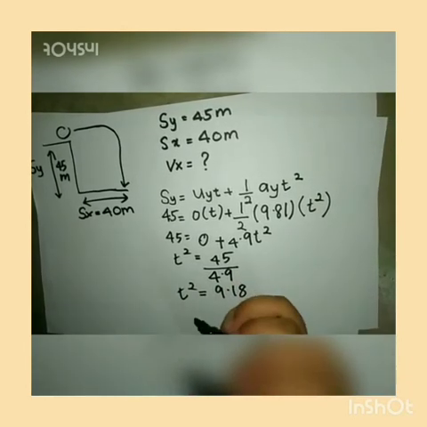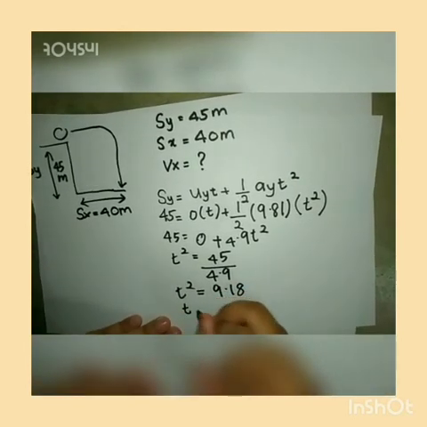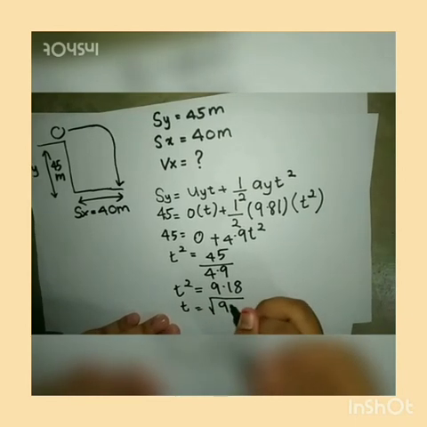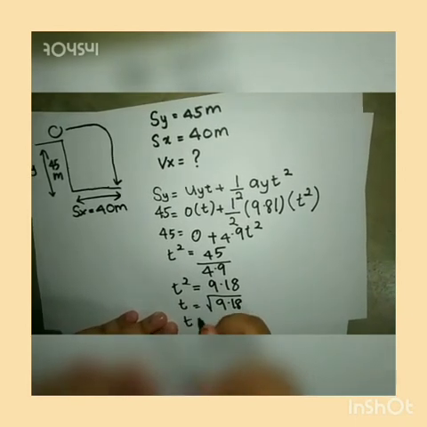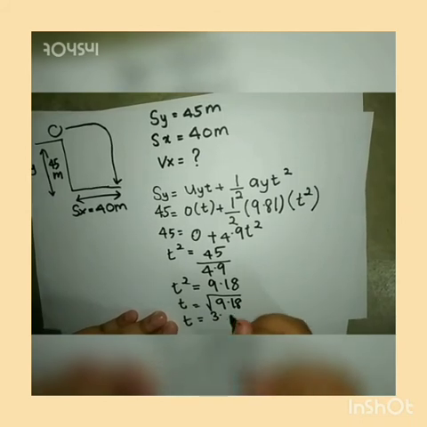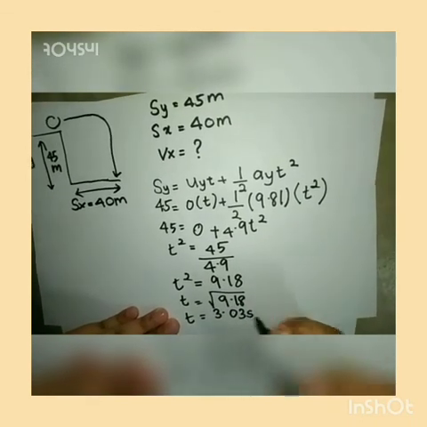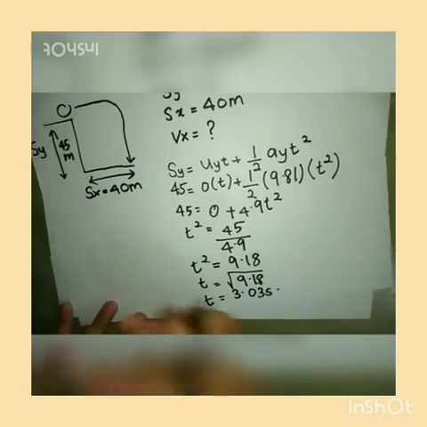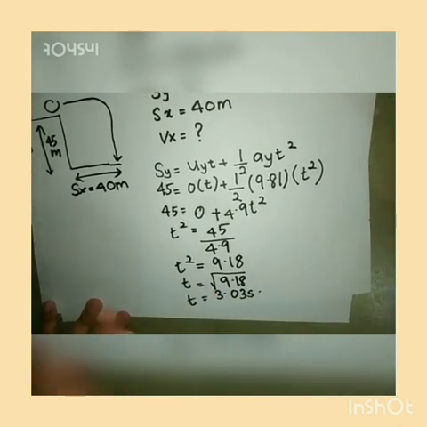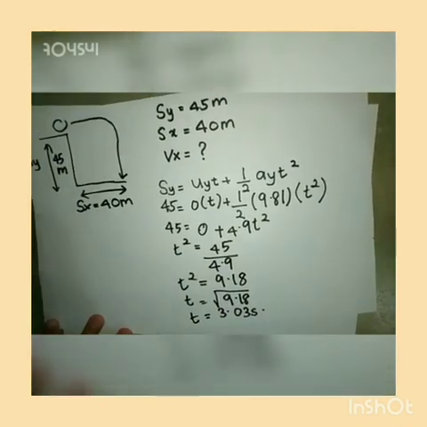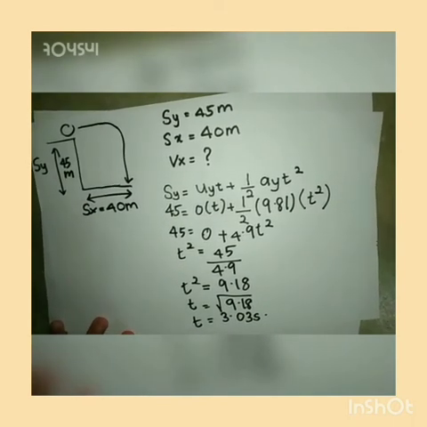So we must remove the power. So t equals the square root of 9.18, so t equals 3.03 seconds.